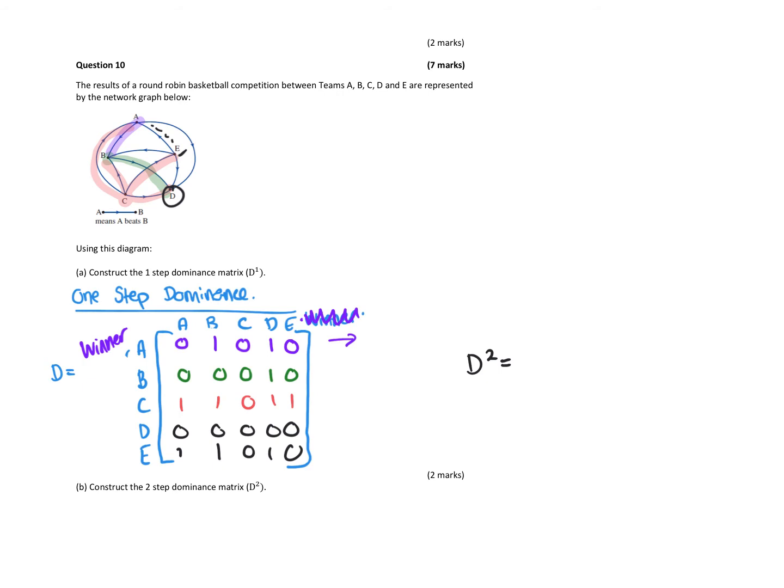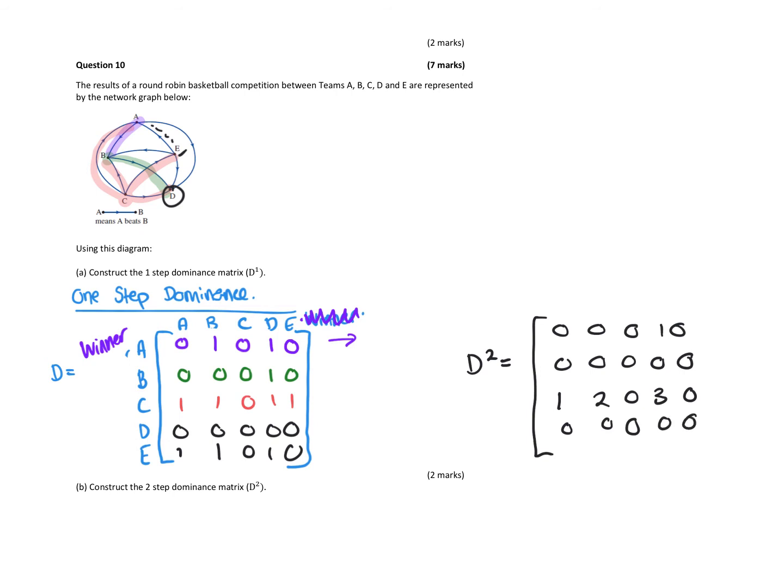Okay, so that's D. If I want to get D squared, I just square it. And there, I'll just copy that out here. So D squared would simply, and make sure you copy it correctly, you'd write that out. 1, 2, 0, 3, 0, 0, 0, 0, and 0, 1, 2, 0, 2, 0.